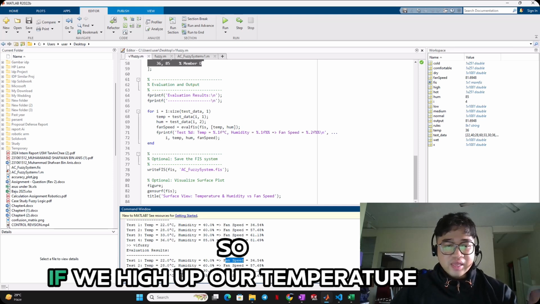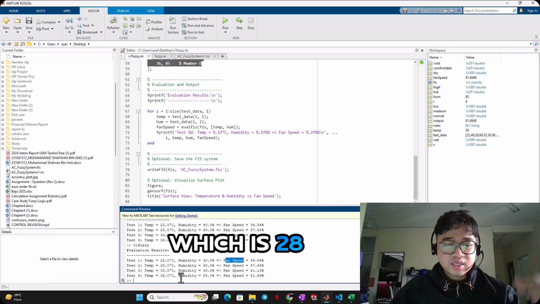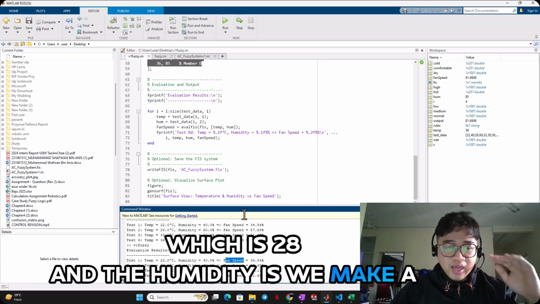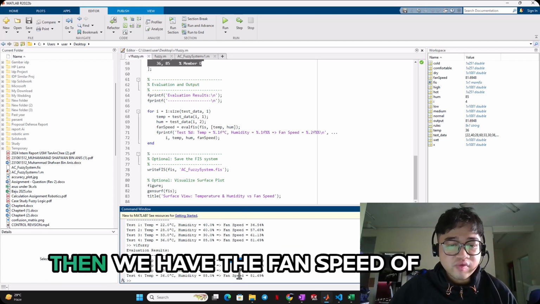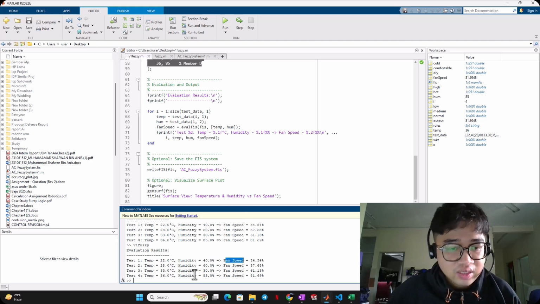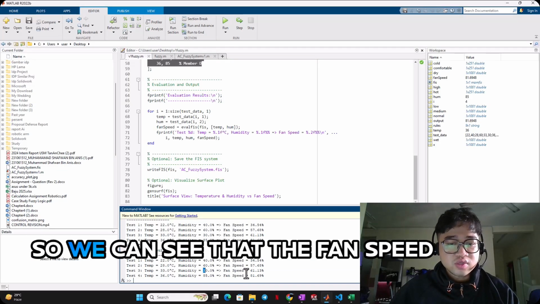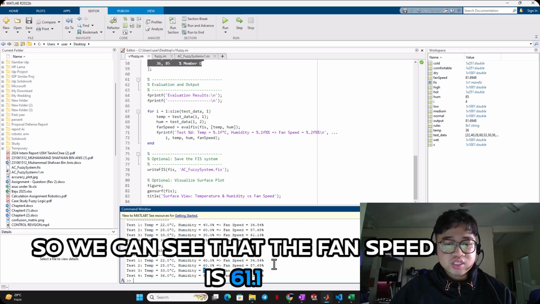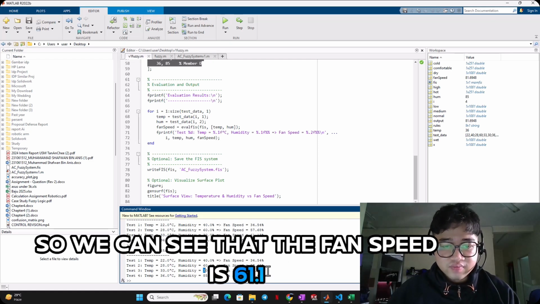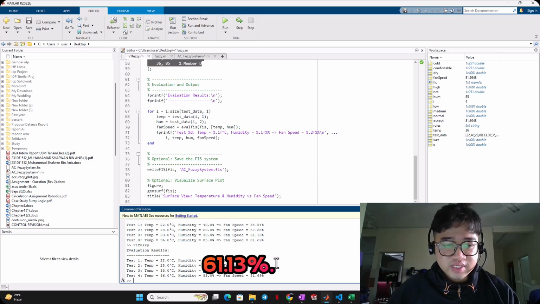If we raise our temperature to 28 and make the humidity higher, at 60, then we have a fan speed of around 57 to 68. And then when the humidity is low, we can see that the fan speed is 61.13%.